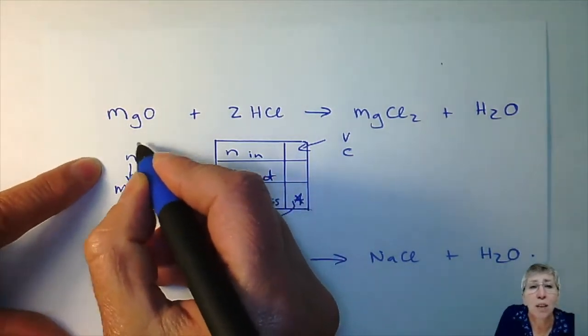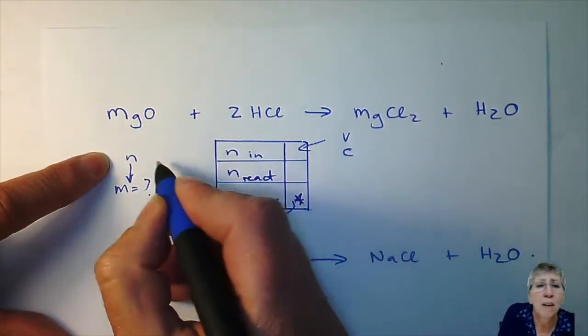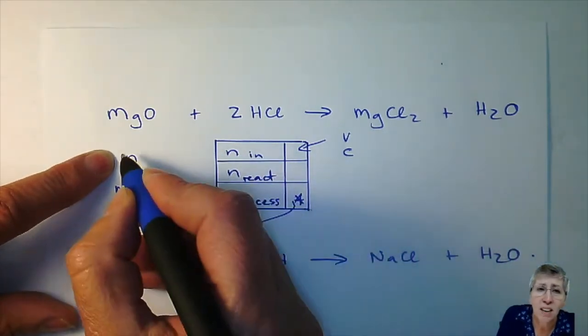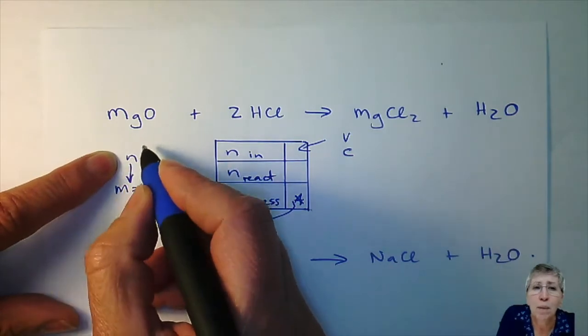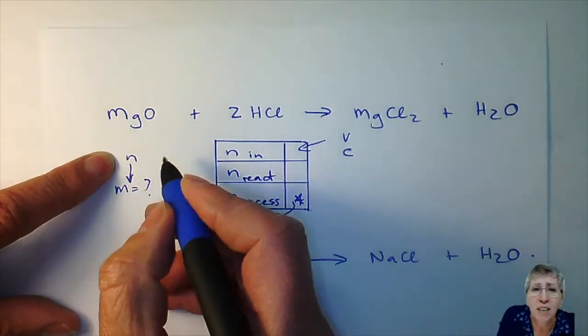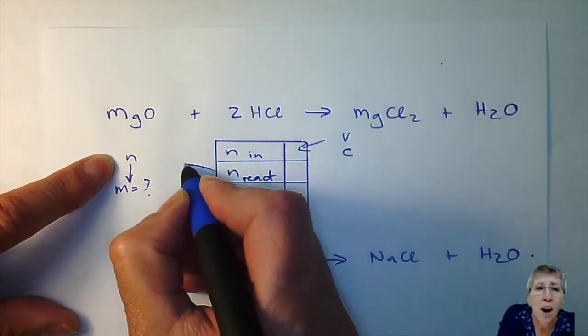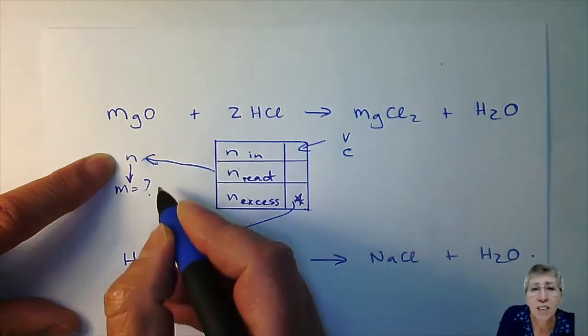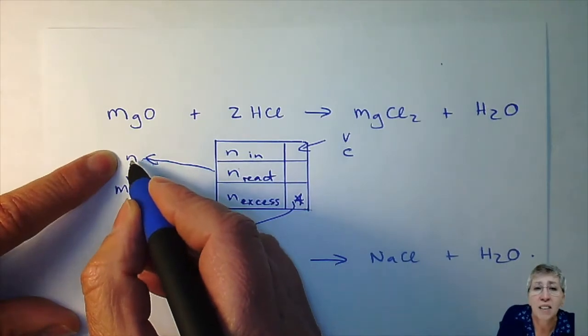Now I have to remember it's not the moles that I put in that will tell me how many magnesium oxide moles reacted. It will be the hydrogen chloride that reacted that will tell me how much magnesium oxide reacted.